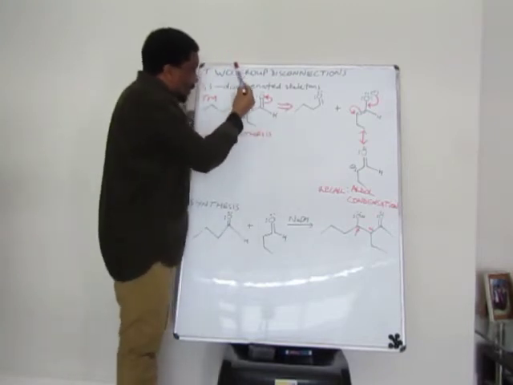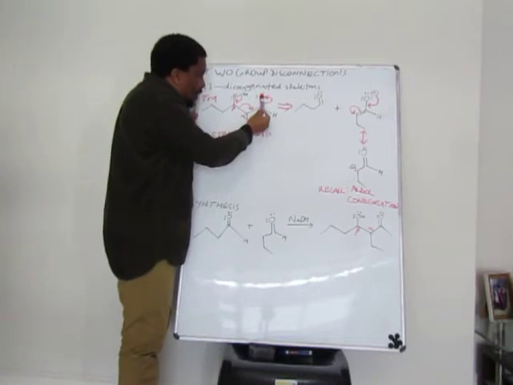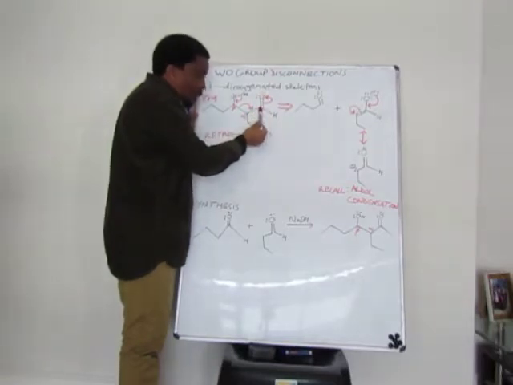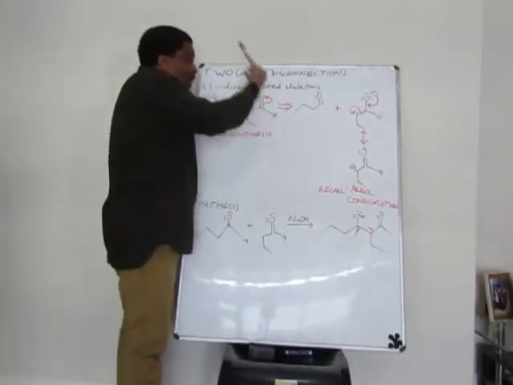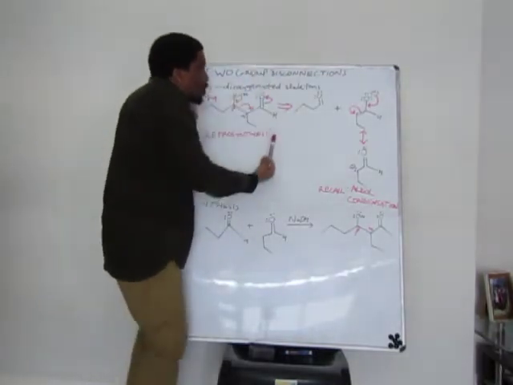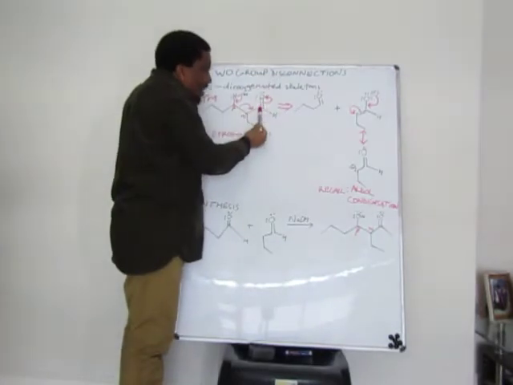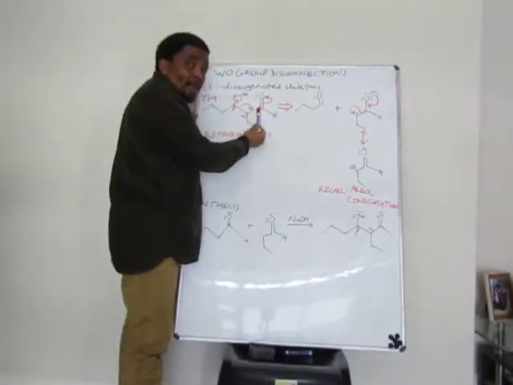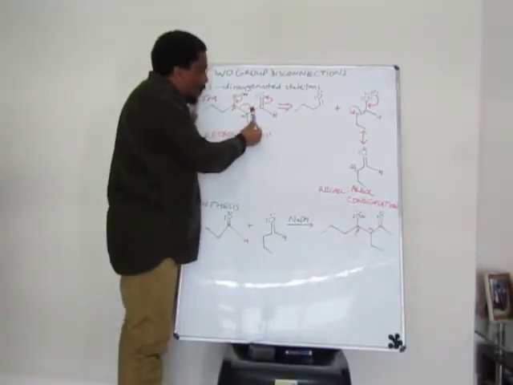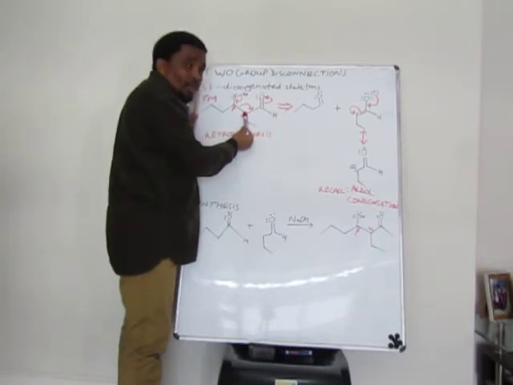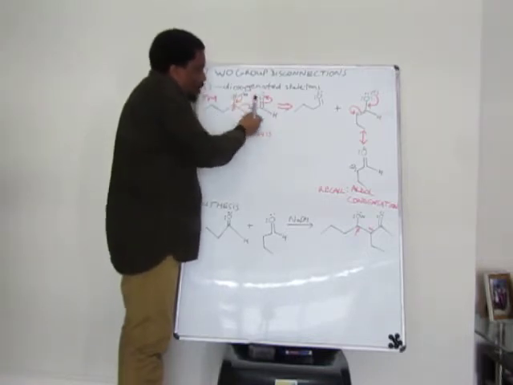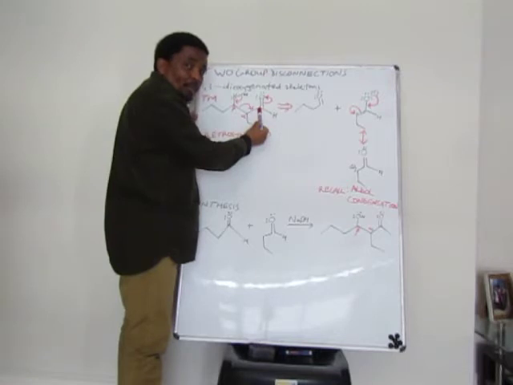Remember, you've got your oxygen and your carbon atom here. Oxygen is much more electronegative than carbon. Therefore, it has the tendency of pulling the electron density towards itself, leaving this carbon atom positive. Now, the carbon at the alpha position is going to release electrons to this electrophilic carbon atom, right?